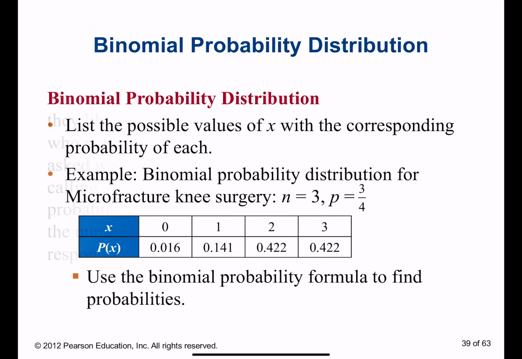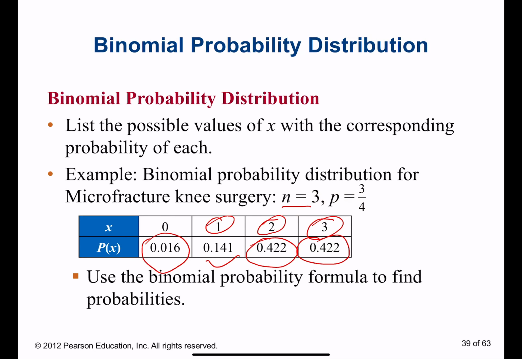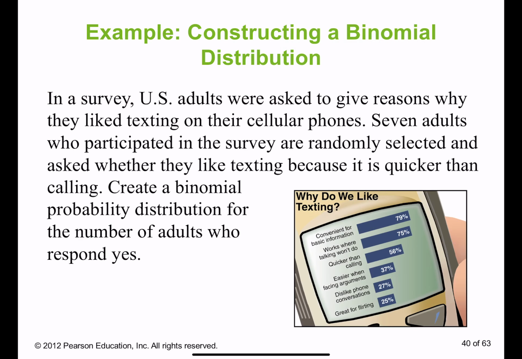So here is the example. Practically here they used all cases because n is equal to 3, right? So they used x equal to 0, 1, 2, and 3. They plugged in all numbers and calculated. That's all. So here is an example. Let's see what we have.